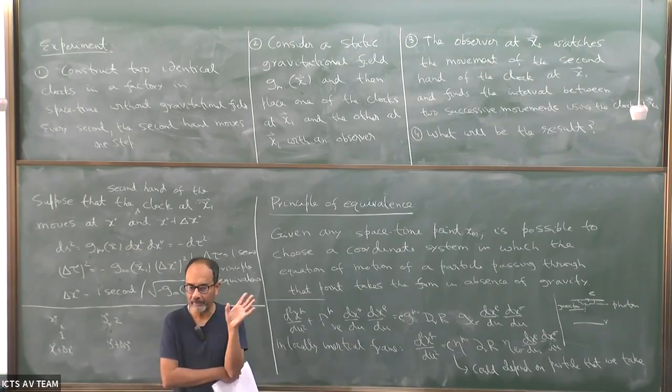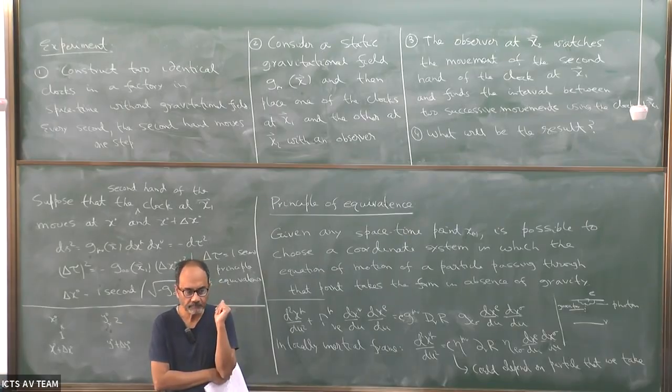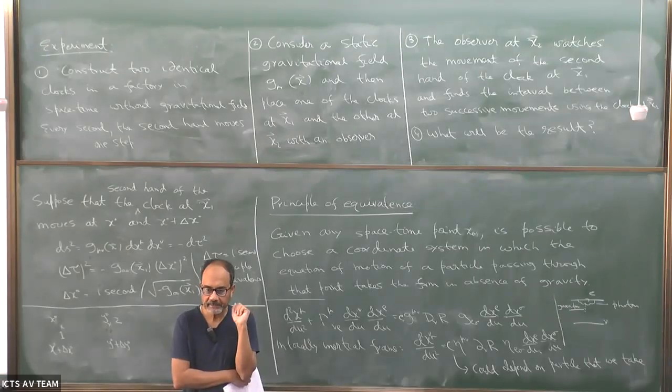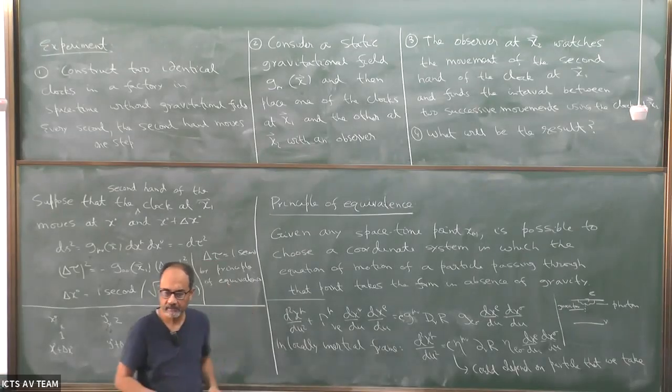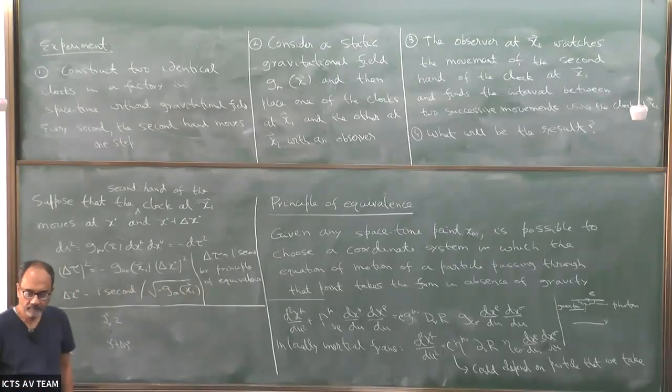But if the system is static, it's useful to use a coordinate system in which there is no explicit time dependence. Otherwise, the calculation will be much more complicated. Is this clear? It's very convenient because of the signal traveling from 1 to 2 along the null geodesics, the first set of events and the second set of events will look similar.